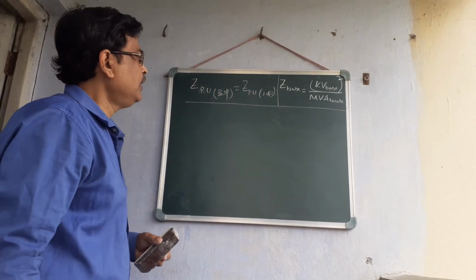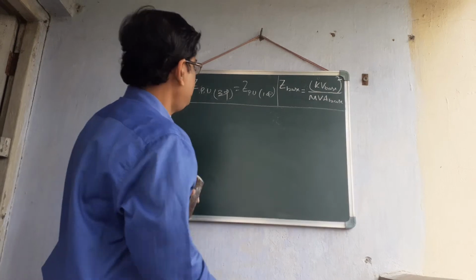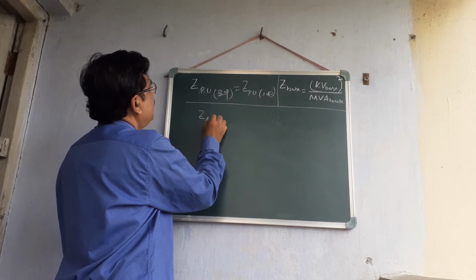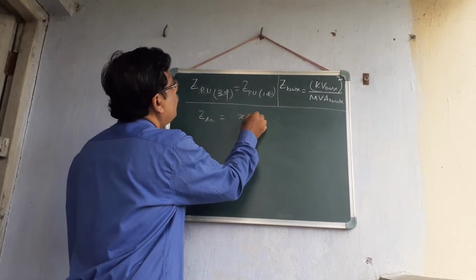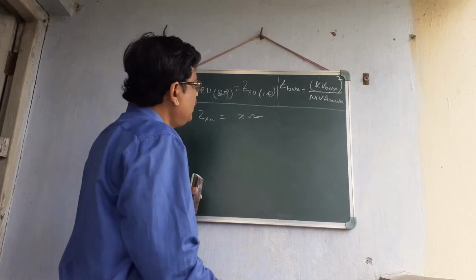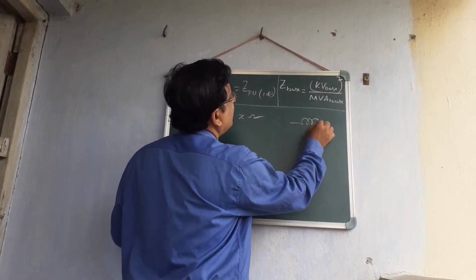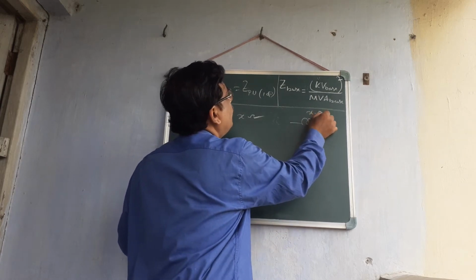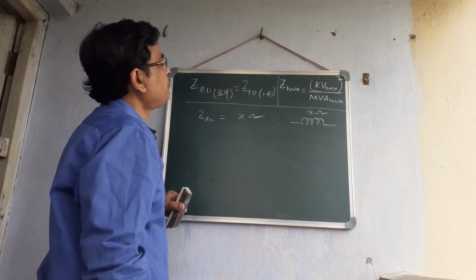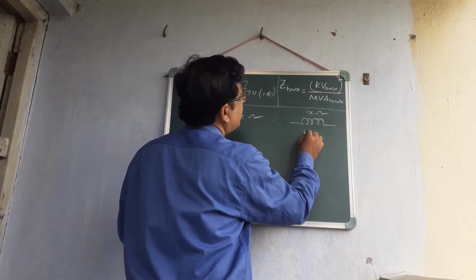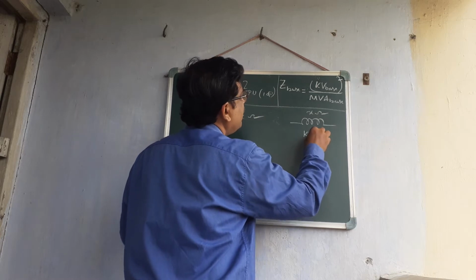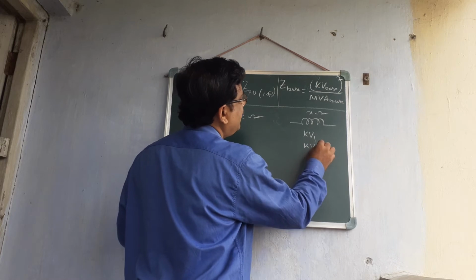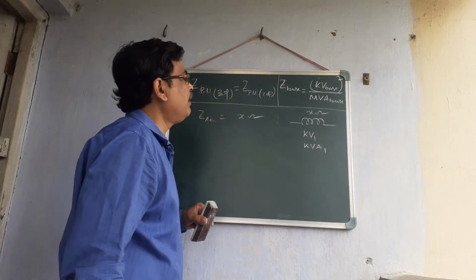Now, suppose Z actual, the value of one inductor, is X ohm, and it is based on its kV1 base voltage and kVA1 base power.